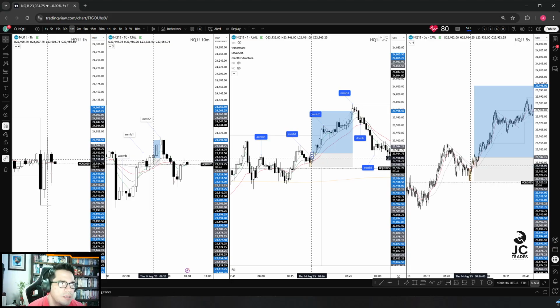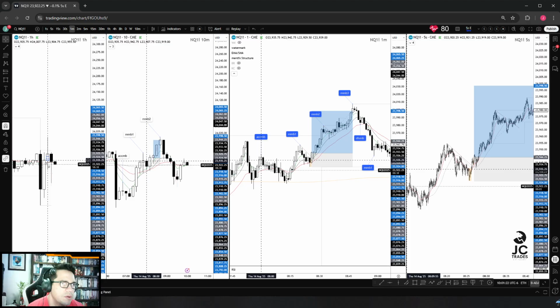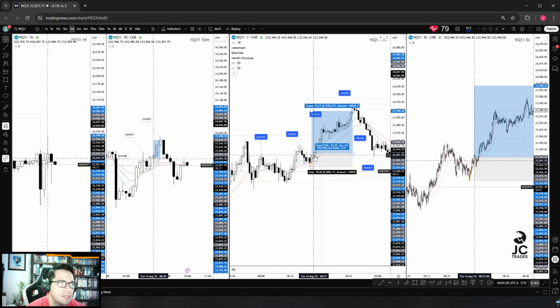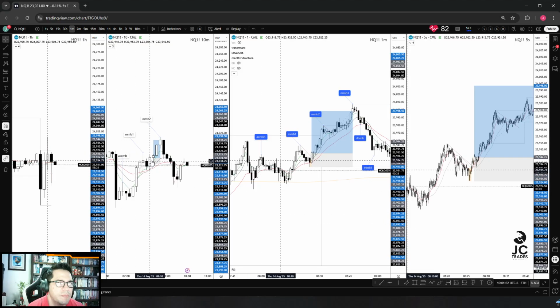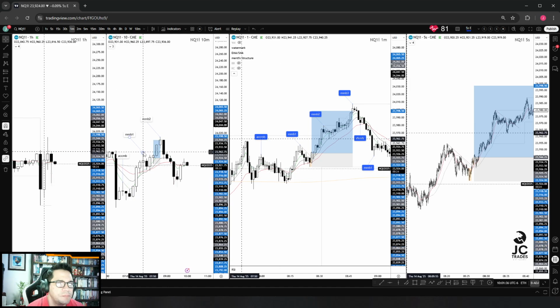So basically price at this time was above the EMAs on the C2, coming from a very strong move to the upside, and we also had on our C time frame price above the accumulation MB.